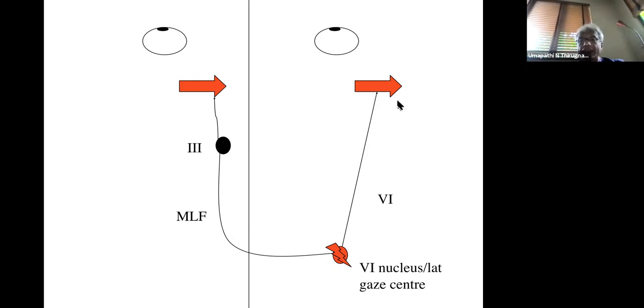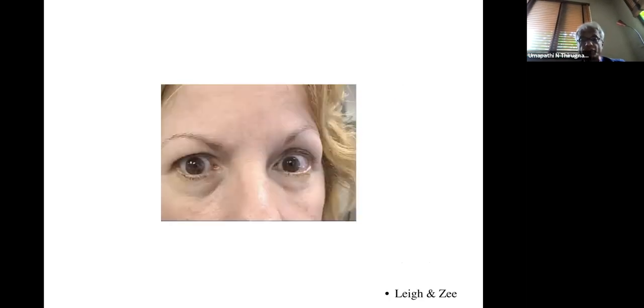Okay, she only had problem in the 6th nerve, so only this eye wasn't moving. But if the 6th nucleus is affected, not only is this eye not going to move, the whole of gaze is affected. So therefore, when it's a 6th nucleus problem, we call it the lateral gaze center problem. Okay, so you would put an arrow here, and that will elegantly explain what this patient cannot do.